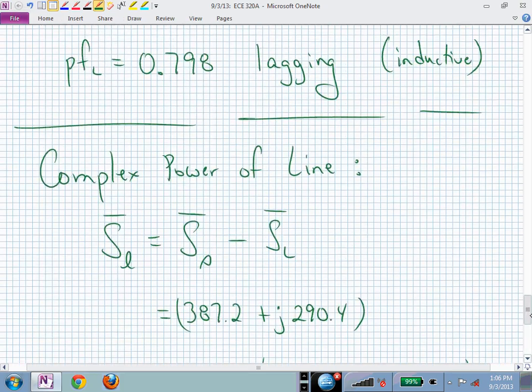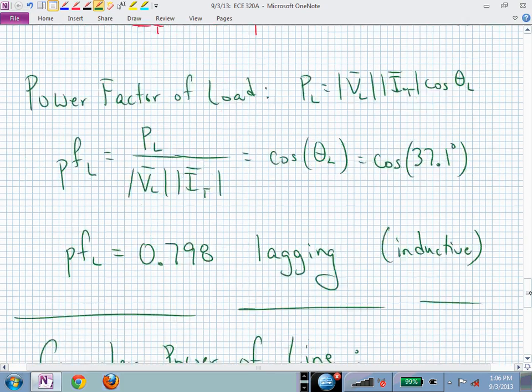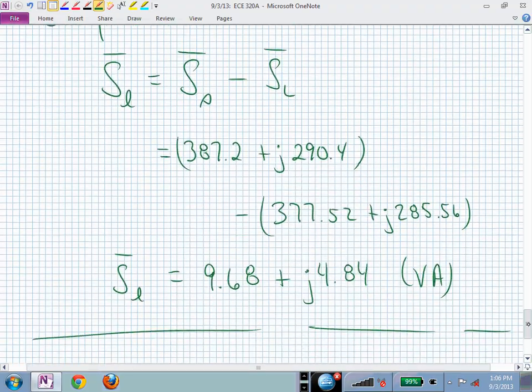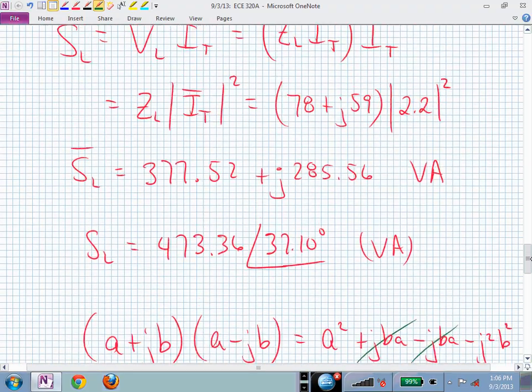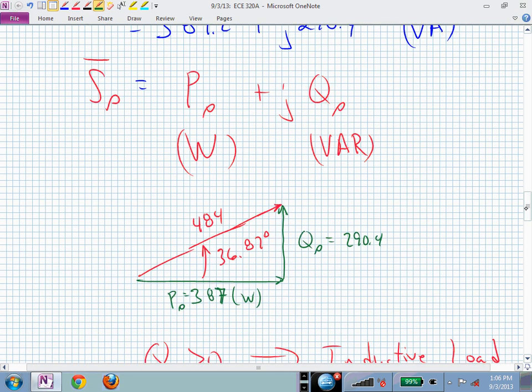Can you find that in the notes? And what is the apparent power? It's staring us right in the face.